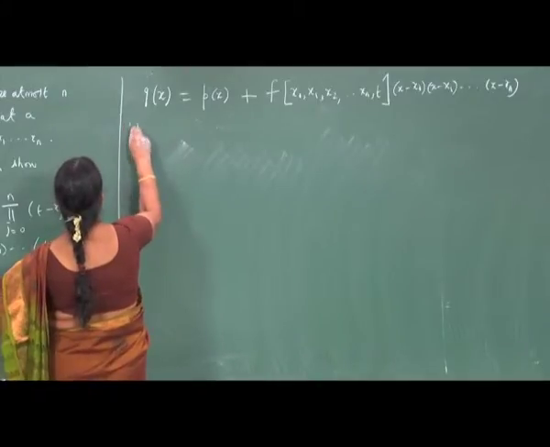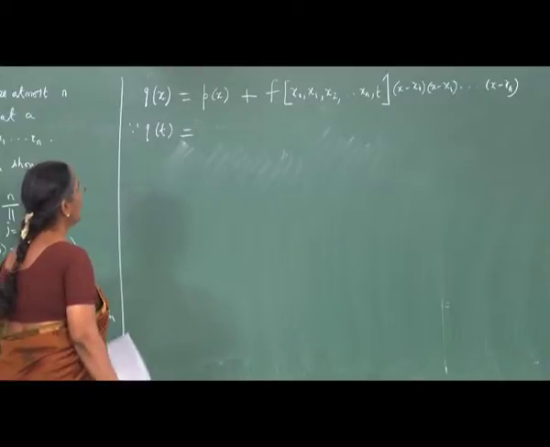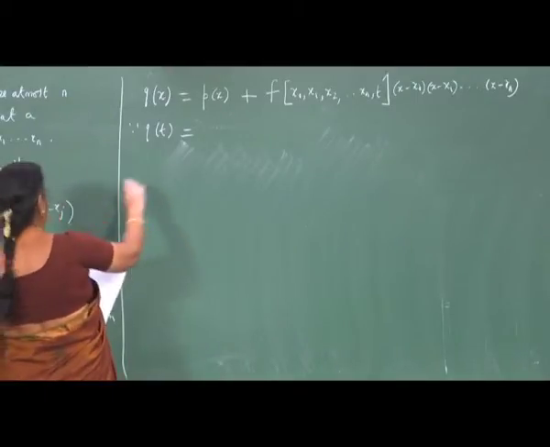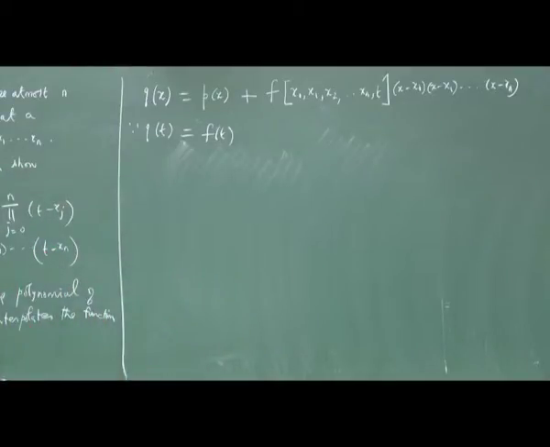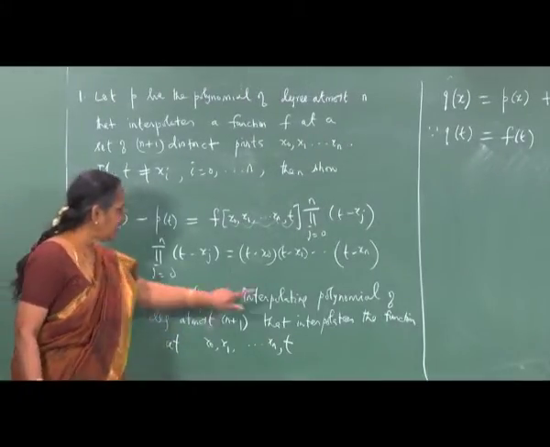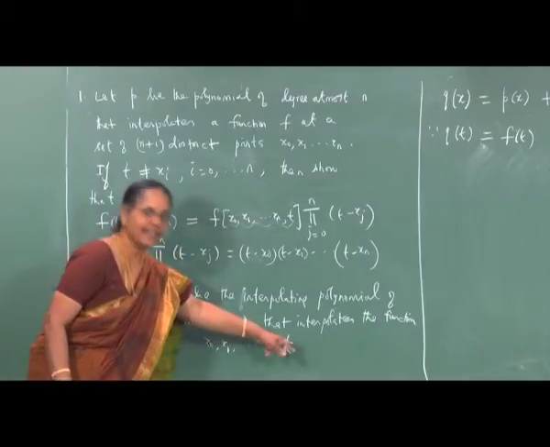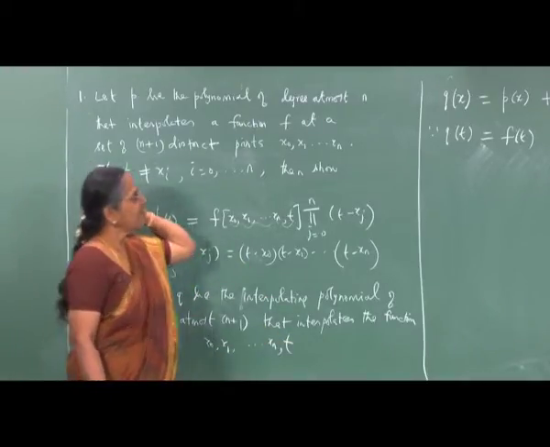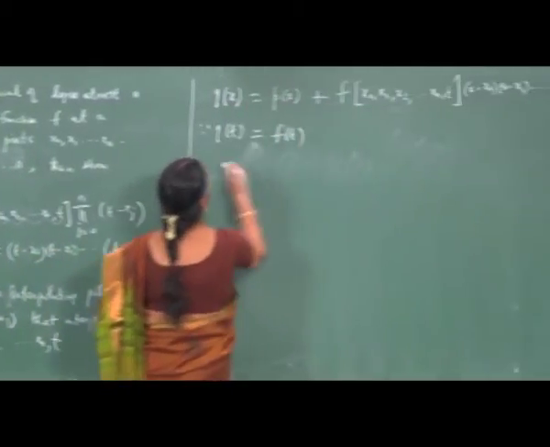And what do we know about q at t? So, q at t is f at t. Why? How have we constructed q? Q is the interpolating polynomial of degree at most n plus 1 that interpolates the function at x0, x1, etc., xn and t. So, q at t will be f at t. So, I evaluate this at t.